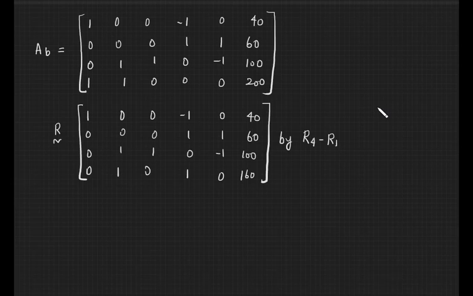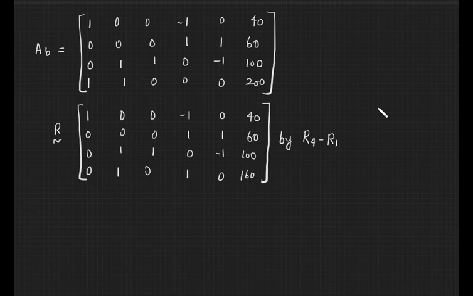Now the first column is looking nice because all the elements below the leading element, the pivot element, are 0. We'll move on to the second column.